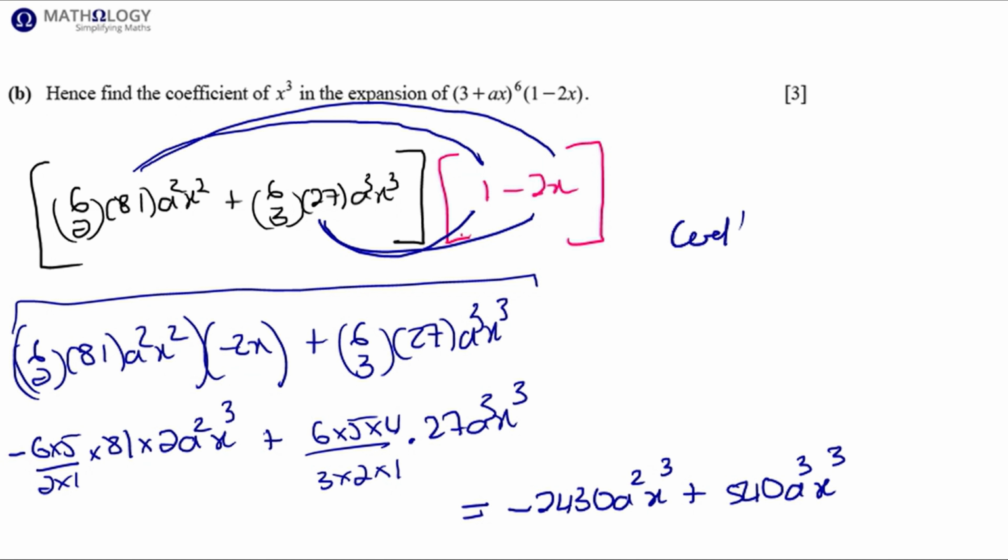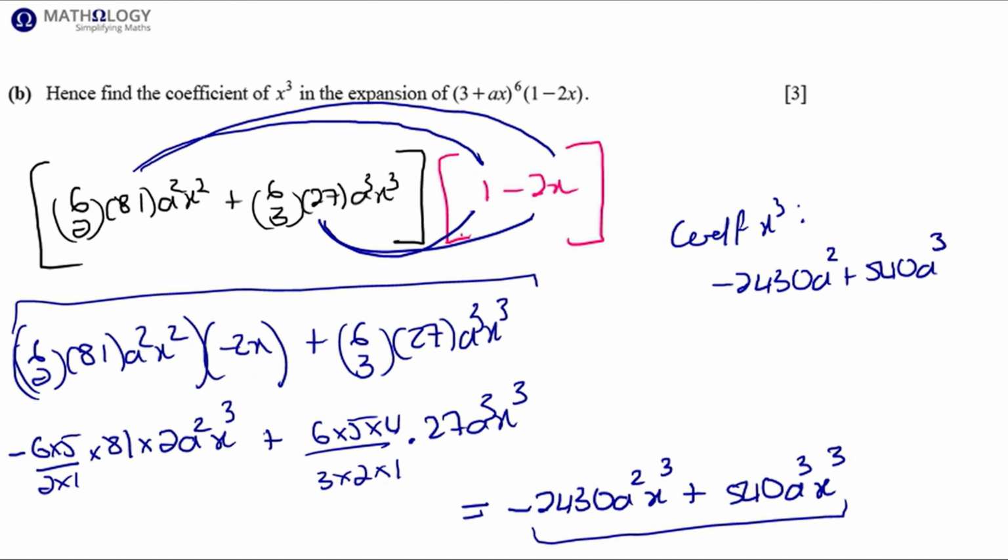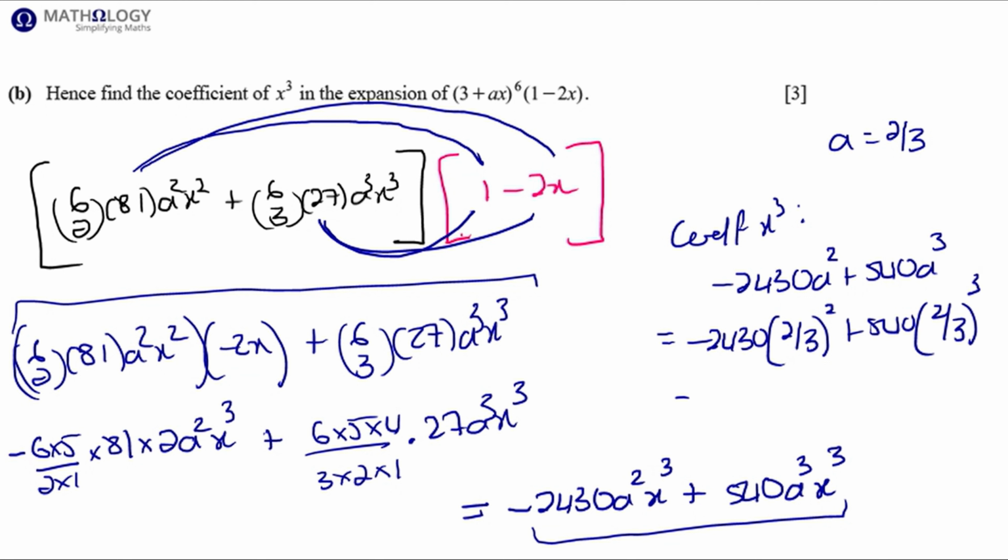So the coefficient of x cubed in this expression here is minus 2430 a squared plus 540 a cubed, and we've already established that a is 2/3, so that will equal minus 2430 times (2/3) all squared plus 540 times (2/3) all cubed equals minus 920.